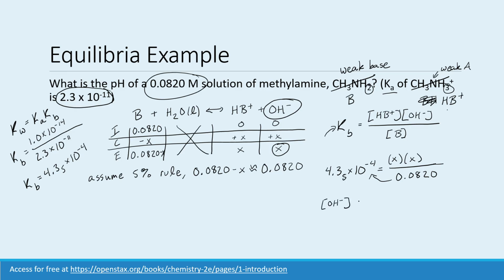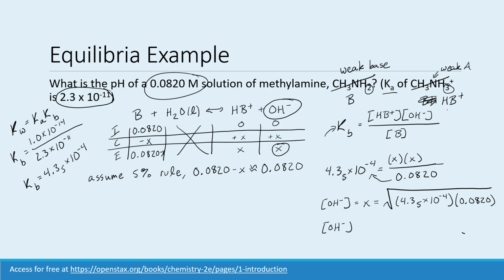And so the hydroxide ion concentration is equal to x, which is equal to the square root of the Kb value, 4.35 times 10 to the negative 4th, and then times the 0.0820, the original concentration of that base.